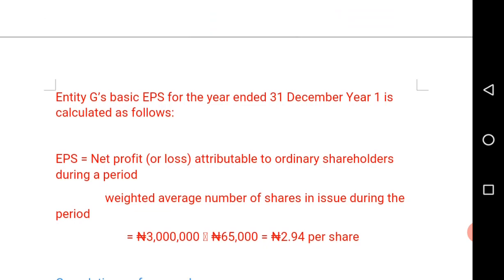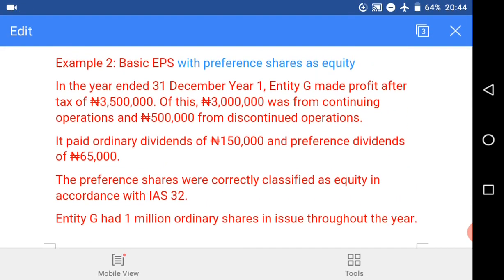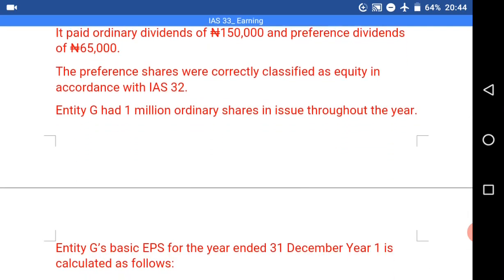Now what we do is get the earnings. So we have 3 million. Since we're only concerned with continued operations, and now the preference shares were classified as equity, you'd still deduct it. This time you deduct it from the continuing operations. So we have 3 million less 65,000 naira. So let me guess, we have 2,935,000, I think.